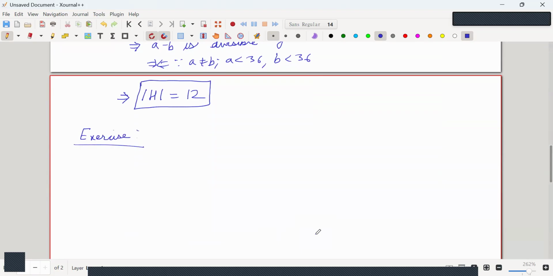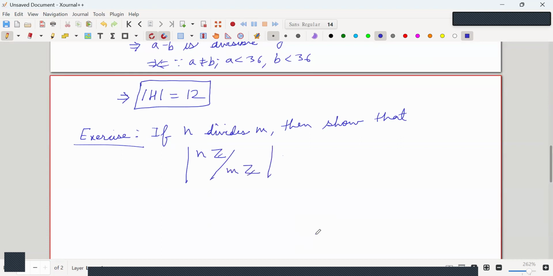Exercise: if n divides m, then show that the size of nZ by mZ is m by n.